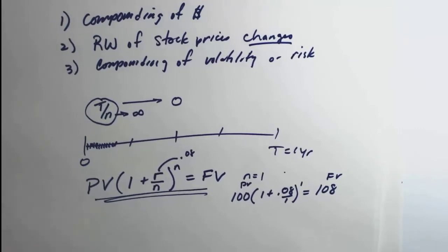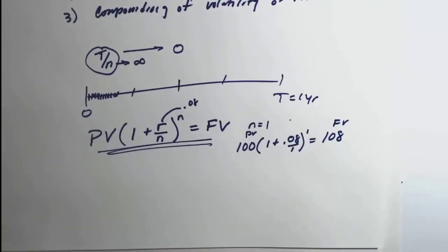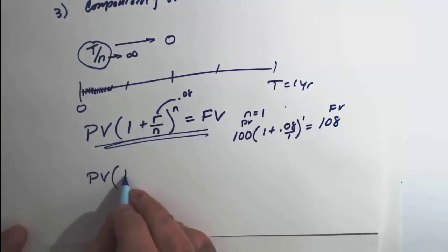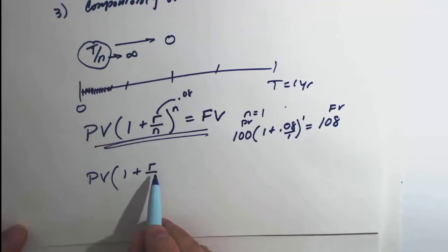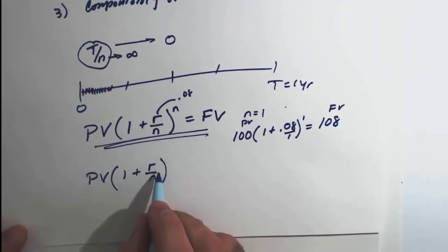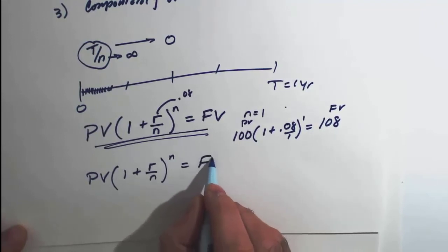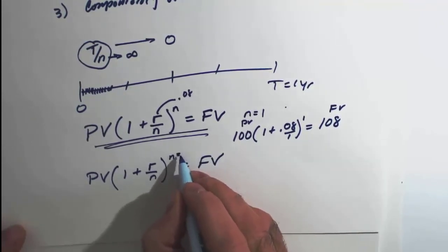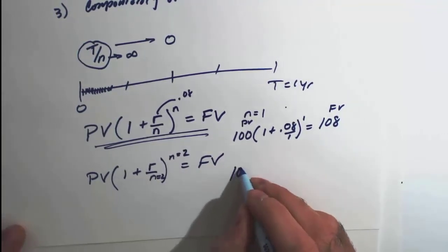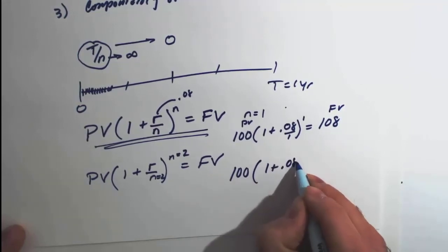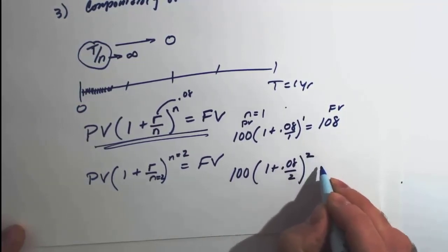No big deal. What you may have touched upon if you did time value of money is semi-annual compounding. For example, bonds compound semi-annually. And so the formula just adjusts nicely as follows. You take r, which is always on an annual basis, divided by n, to the n power, equals a future value. So if we're looking at semi-annual compounding, n equals 2. And so the math now becomes 1 plus 0.08 divided by 2, to the second power.